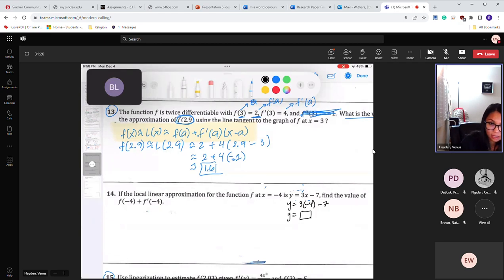Now, to find your derivative, your f prime of a, all you need to do is find its derivative, which is just 3. So you have the following values: your x, which is negative 4, your y value in this case, y is 3 times negative 4 minus 7, what is it?